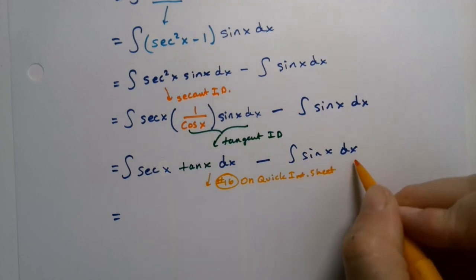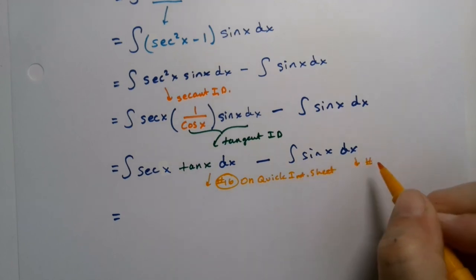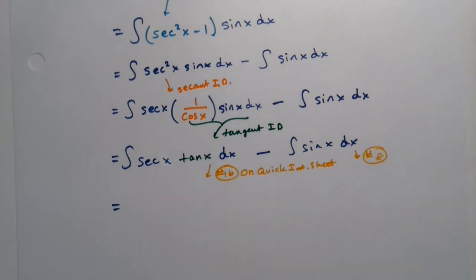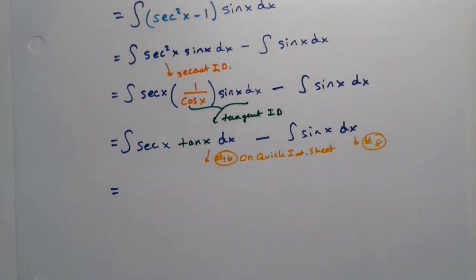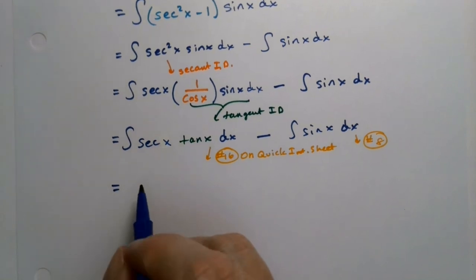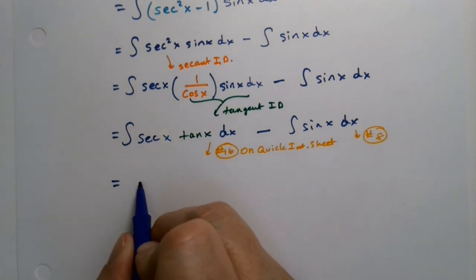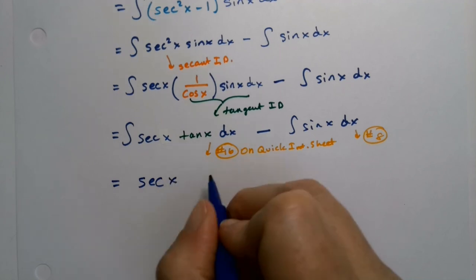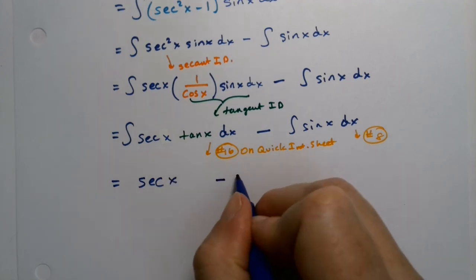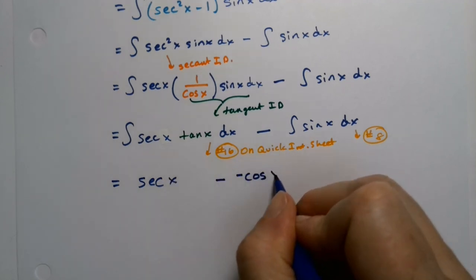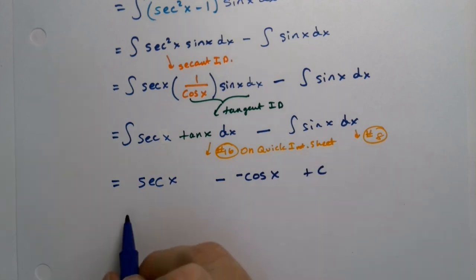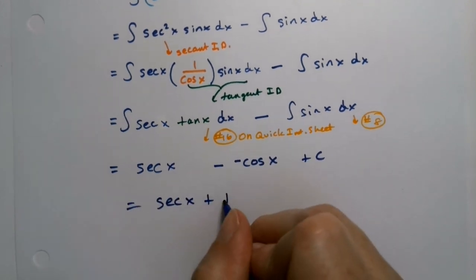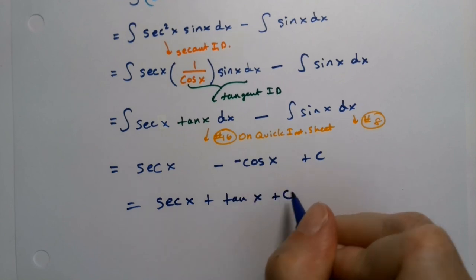And for the record, sine of x is in there somewhere, number 8 on the same sheet. So we know both of those integrals, which is our goal in life, to get to one of those integrals we know. So this is the secant of x plus, so it's minus the negative cosine of x plus c. So that would be the secant of x plus the cosine of x plus c.